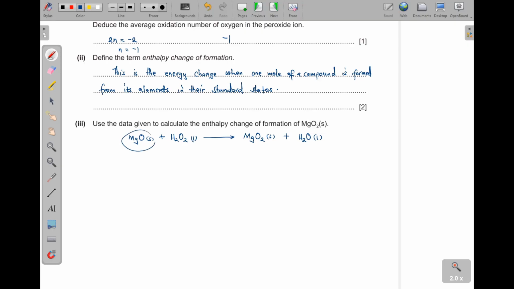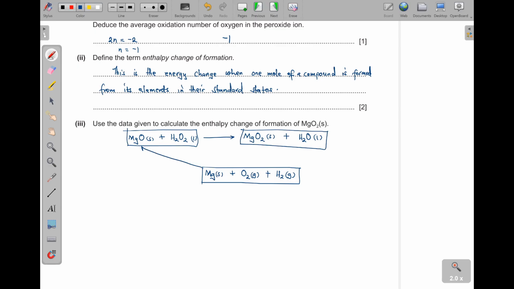Now this one here comes from magnesium, which exists as a monoatomic solid, and then oxygen exists as a diatomic molecule. But we also have this one. There is hydrogen in there, which also exists as a diatomic molecule.